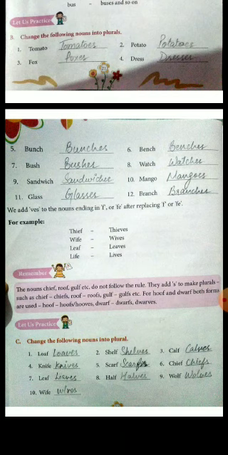But we have to check that the letter before Y is a consonant. You all know what are vowels and consonants. So in fairy you can see R is before Y and R is a consonant. So because it is a consonant and the last letter is Y, we will add IES to make it plural.